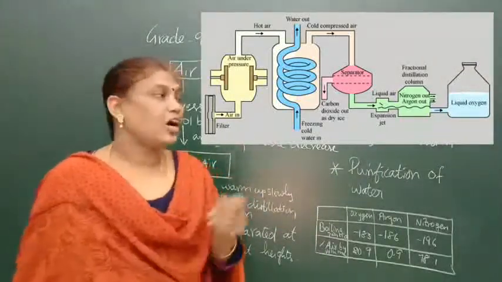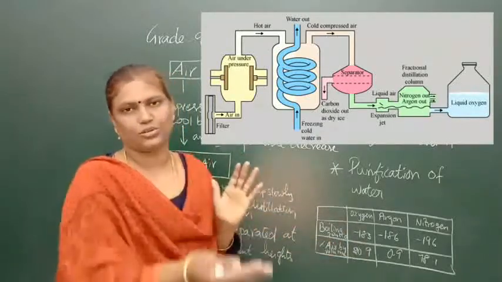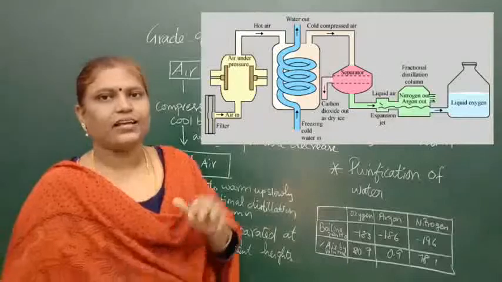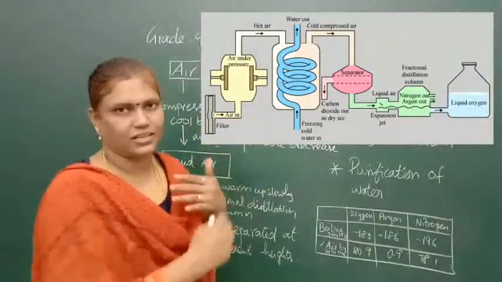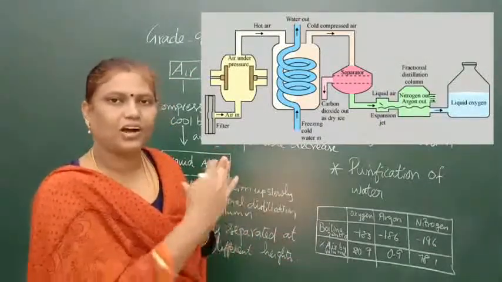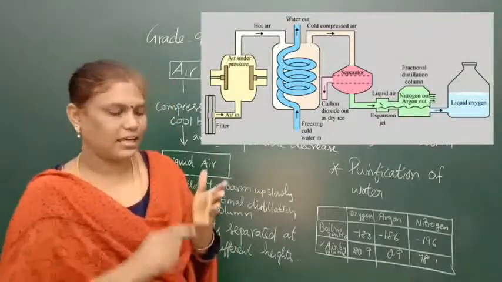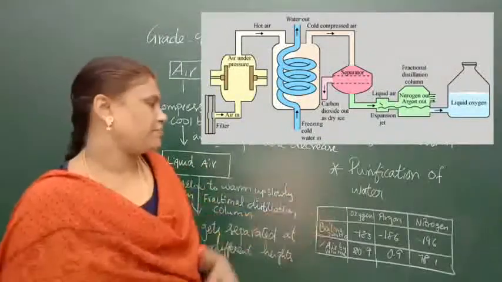You know one thing, carbon dioxide will not become liquefied. It goes directly from gas to solid. So a separator is there, and carbon dioxide will be separated in the separator because it will not go to the liquid state. So in the air, carbon dioxide is separated, and what goes forward is oxygen, argon and nitrogen.